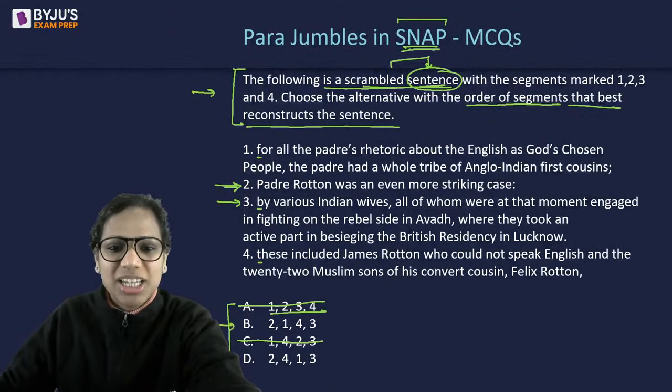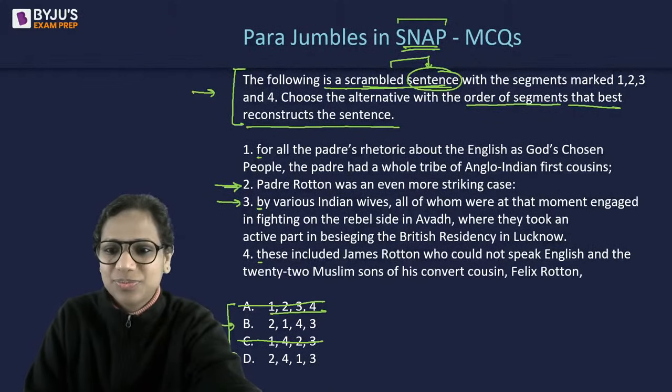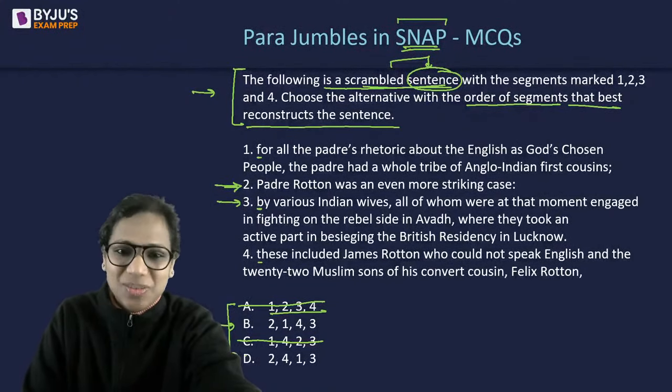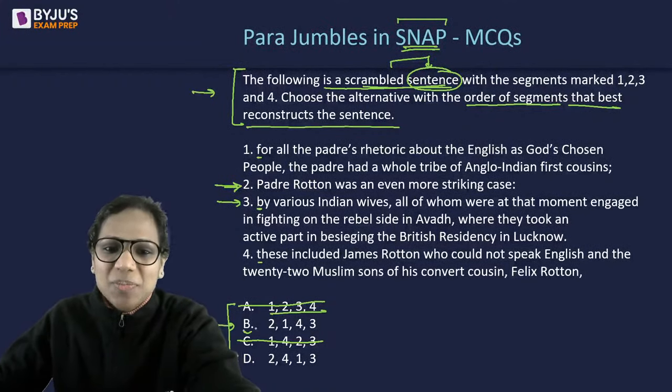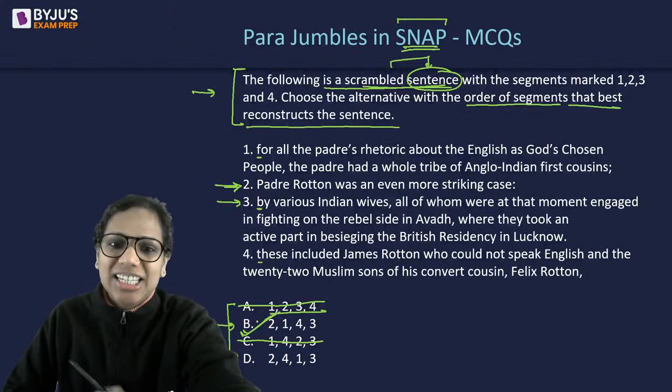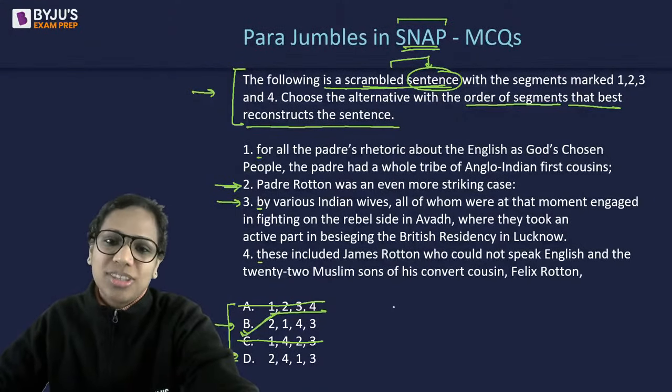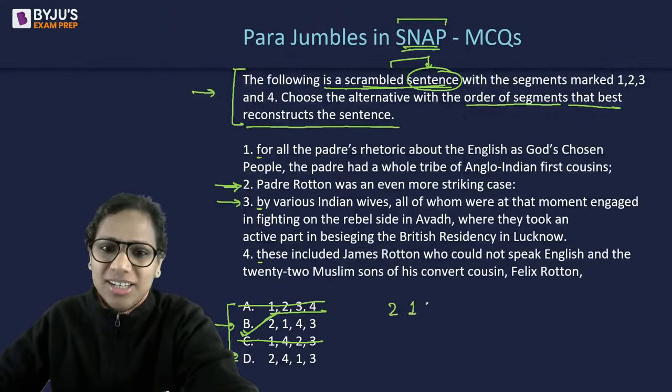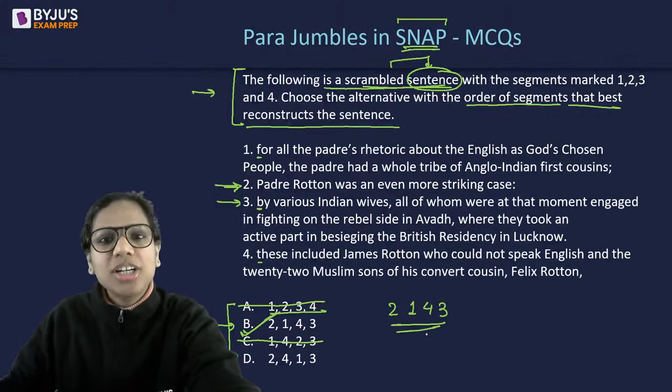It comes down to B and D. And then you realize that 1 and 4 is a definite, mandatory pair. So absolutely correct. B, Bangalore is the answer here. 2, 1, 4, 3. So not a difficult question.